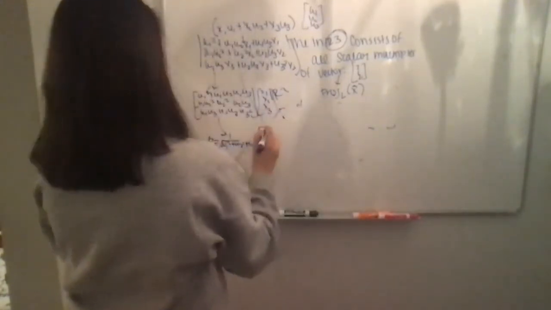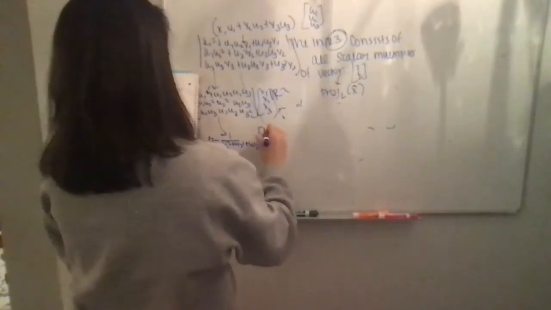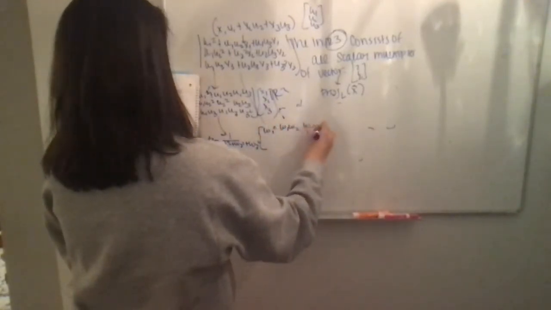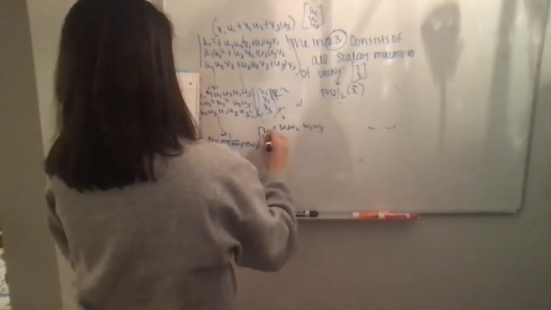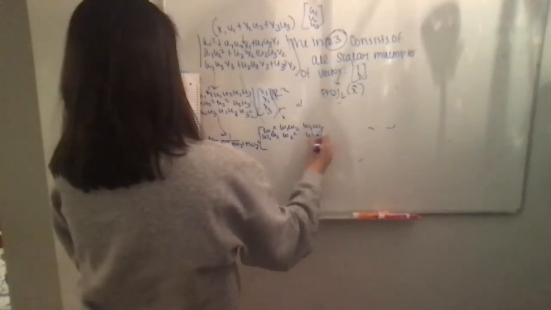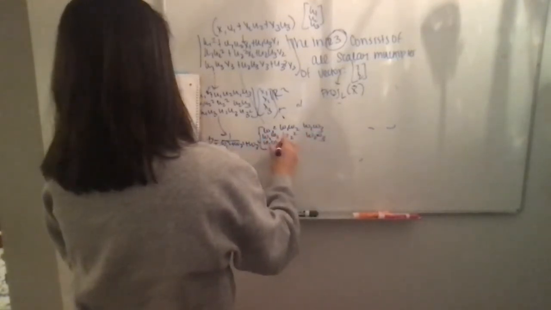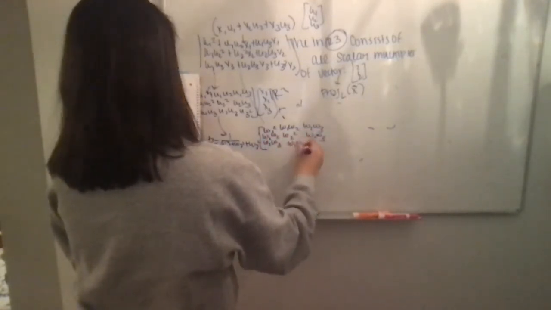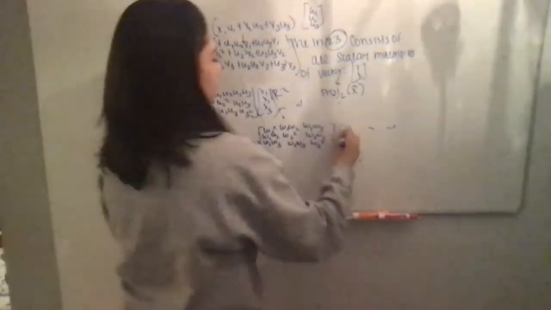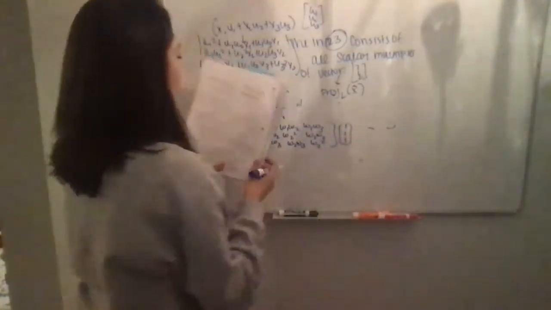So times a matrix, W1 squared, W1, W2, W1, W3, W1, W2, W2 squared, W2, W3, W1, W3, W2, W3, W3 squared, right, times 1, 1, 1, right?